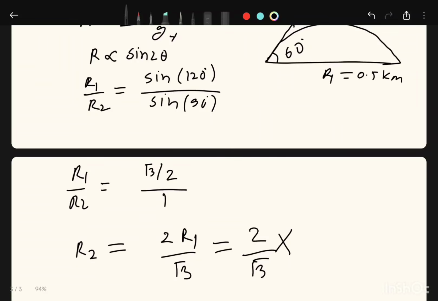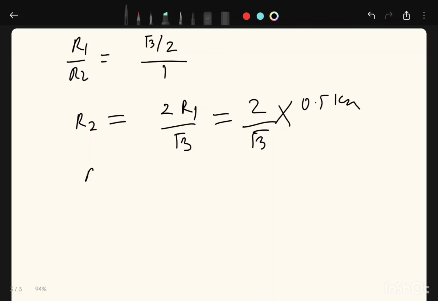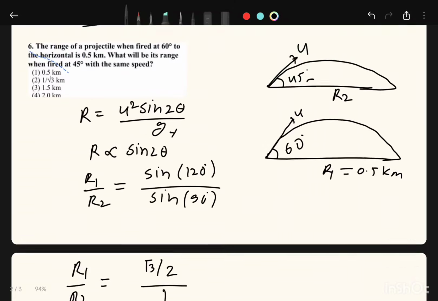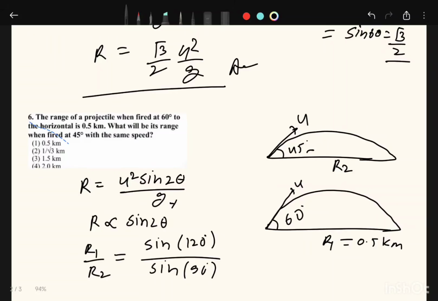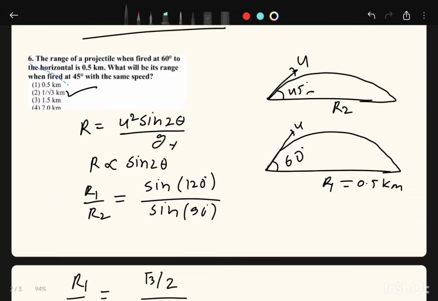Range R1 is 0.5 kilometer. So your range R2 will be, sorry, 1 by root 3 kilometer. So you see your option 2 is correct.